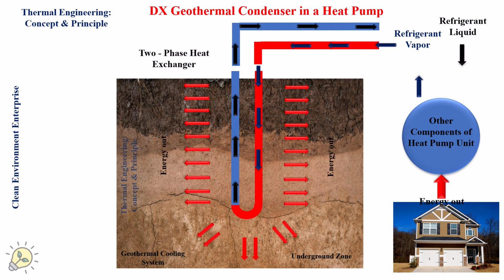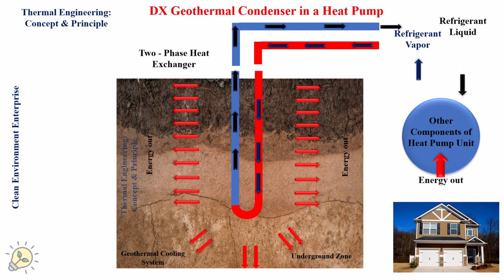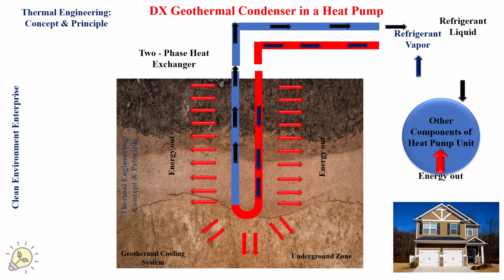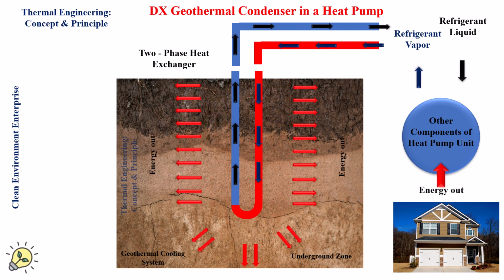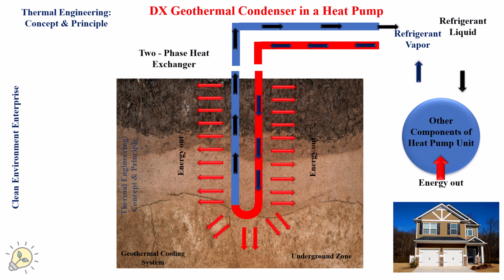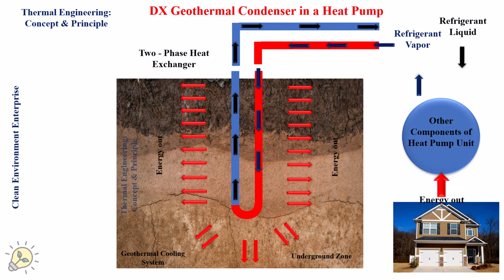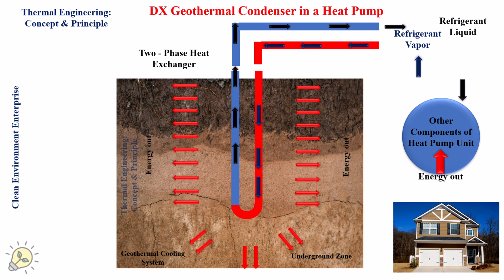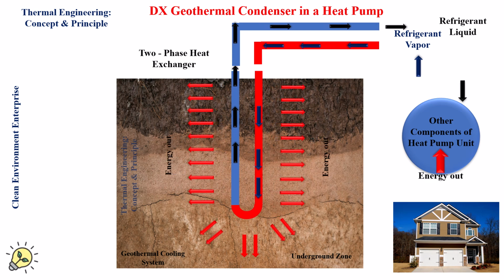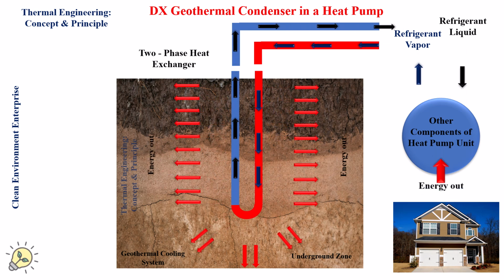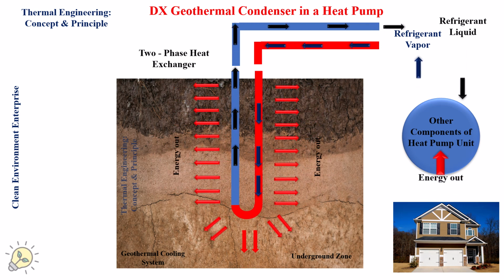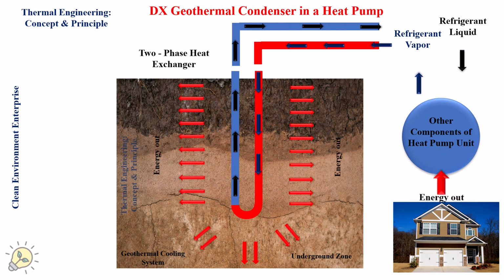Here we have the refrigerant vapor, which is circulated in the heat pump and passes through the inlet part of the heat exchanger through the red line, and then it rejects energy to the ground, of course, through the filling or the grout, and then returns as a liquid refrigerant to complete the closed circuit of the heat pump.